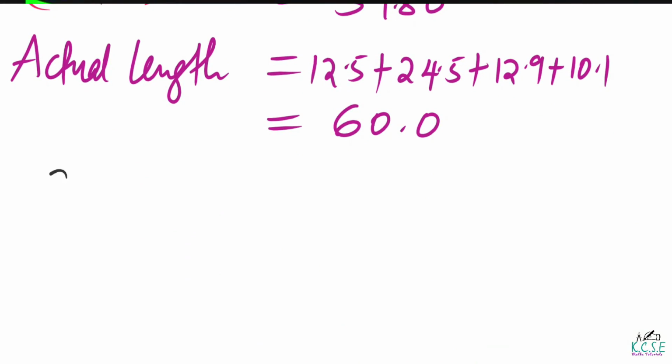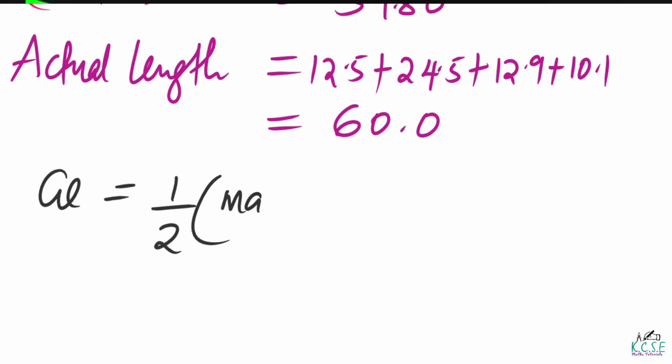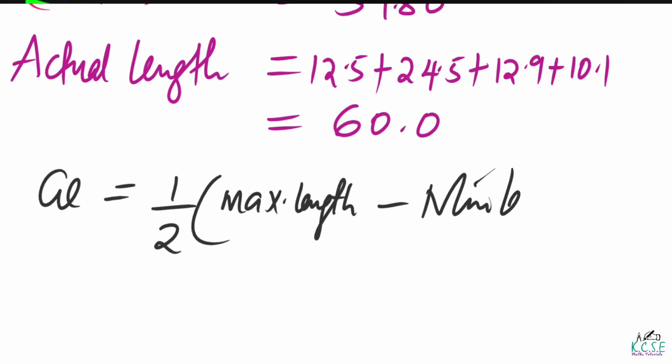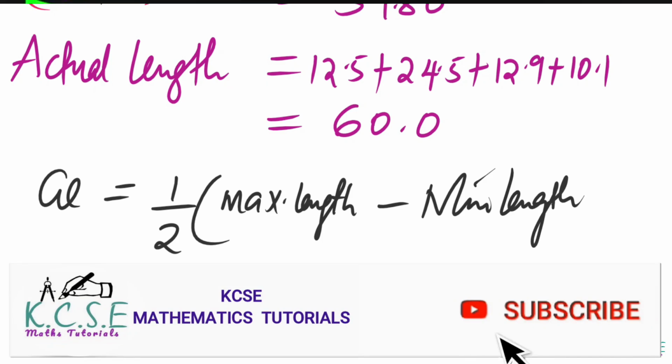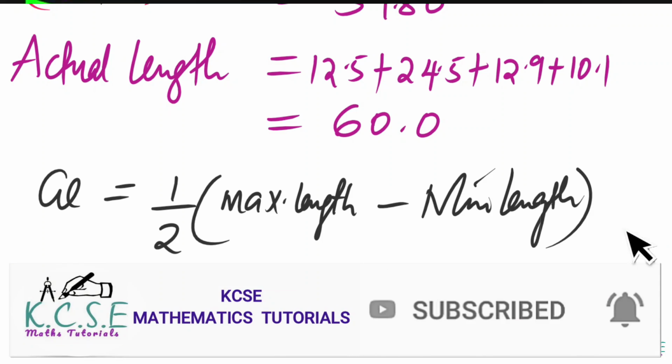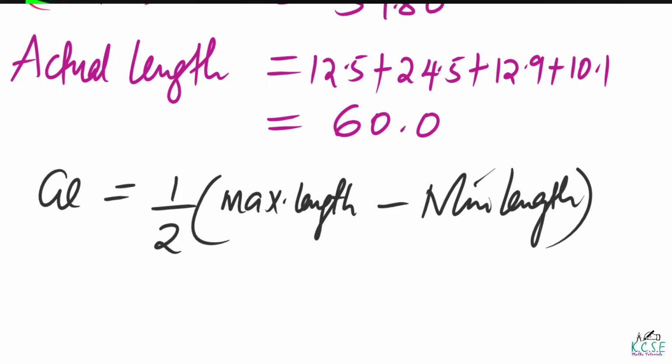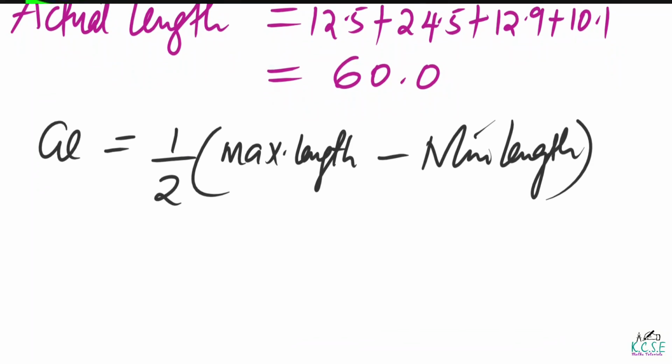What we need to get is the absolute error in the addition of all these lengths, and this is obtained by getting half of the maximum length minus the minimum length. That is how we get the absolute error in finding the total length of the rods.